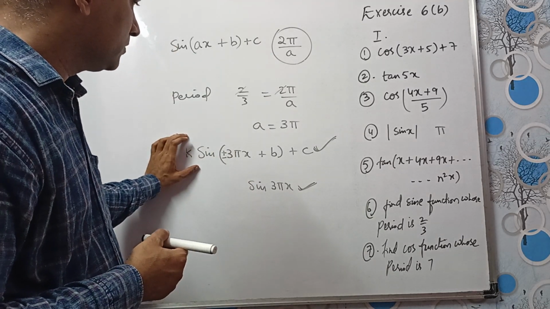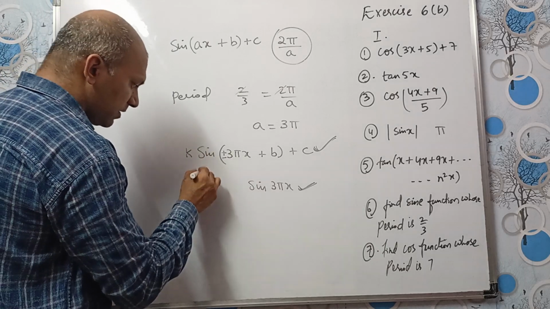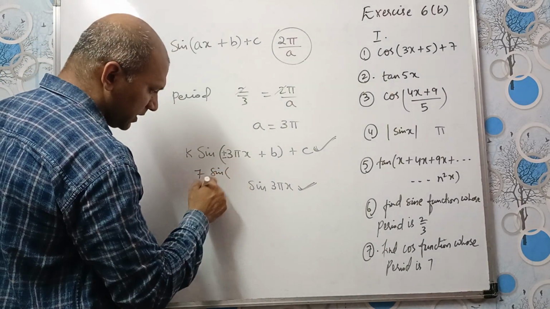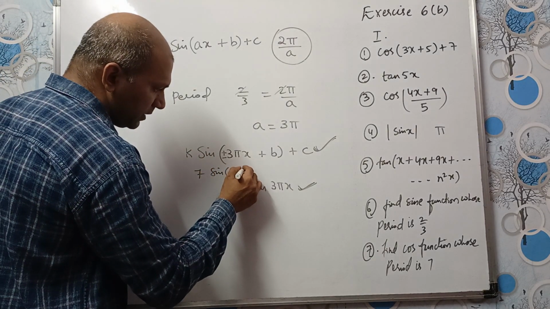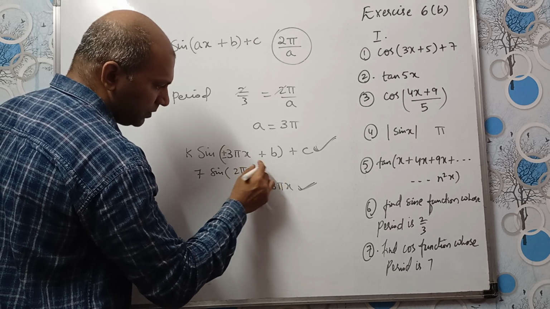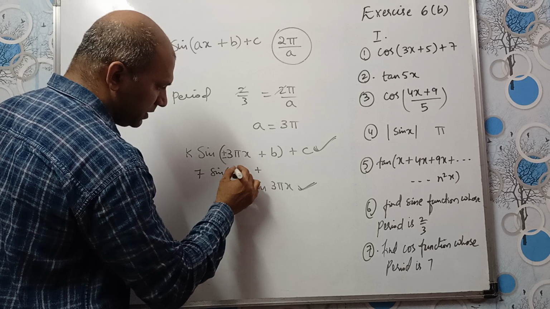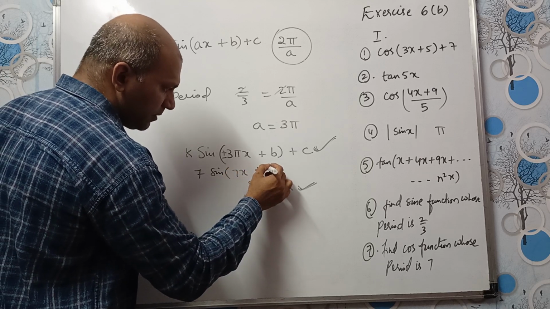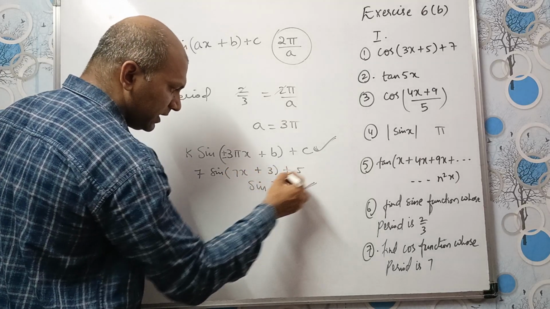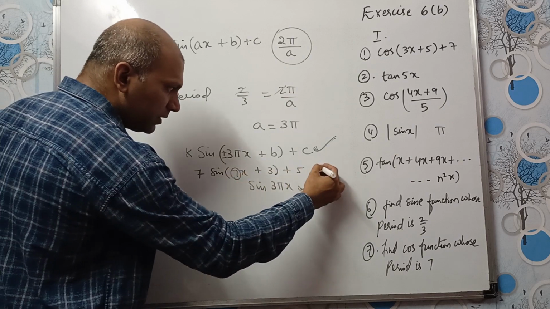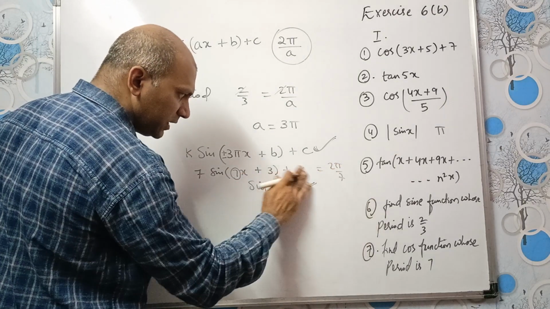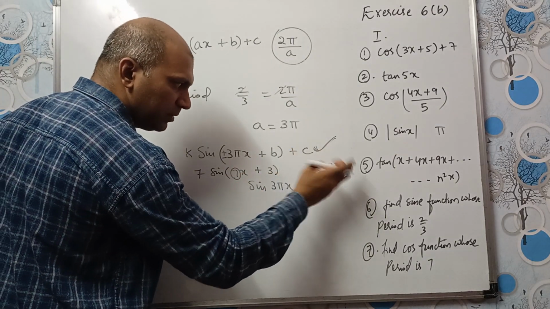Because, see, if you have something like sine of 7x plus 3 plus 5, the period will be 2 pi by 7 only. Even if this 5 is not there, the period will be 2 pi by 7.